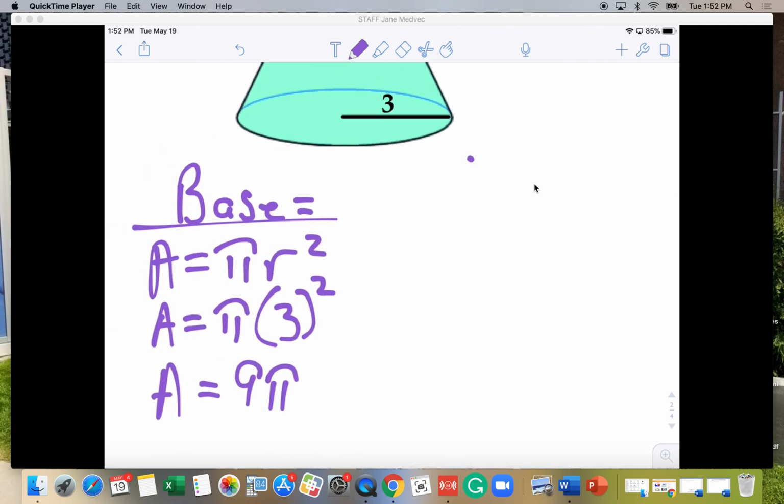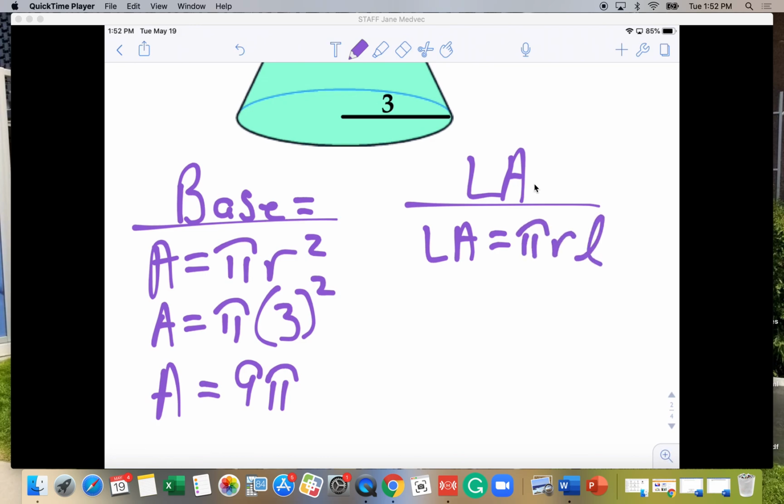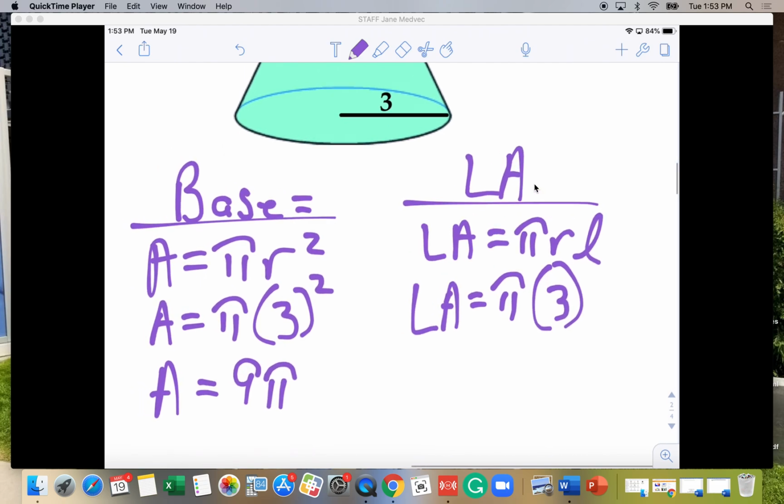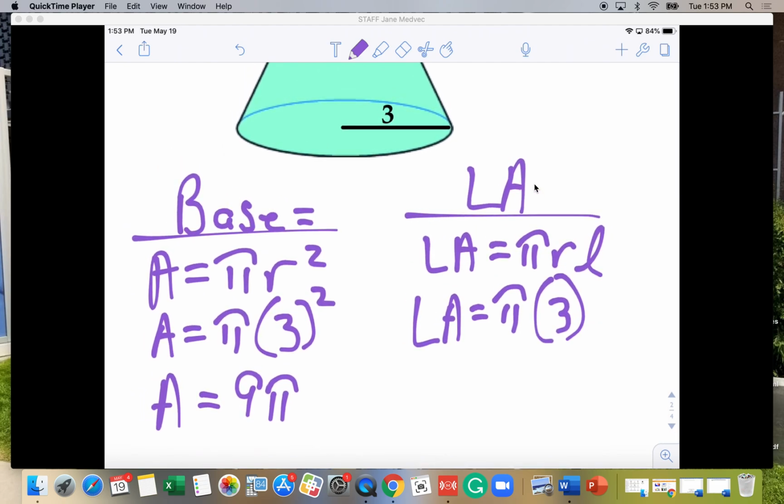Then we're going to do the lateral area. So lateral area equals pi r L. Lateral area equals pi, the radius is 3, and on this one they gave me the slant height, so I'm going to take 5 as my slant height. So the lateral area then is 15 pi.